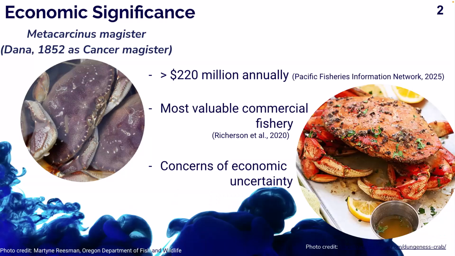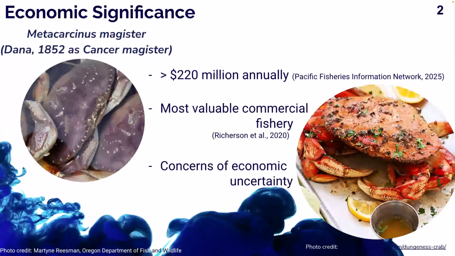So for our economic significance, Dungeness crab, also known as Metacarcinus magister, and I might possibly refer to them as Dungies throughout this talk, are very important economically due to the fact that they bring in a little over $222 million annually and are considered one of the most valuable edible crab commercial fisheries found here on the West Coast.